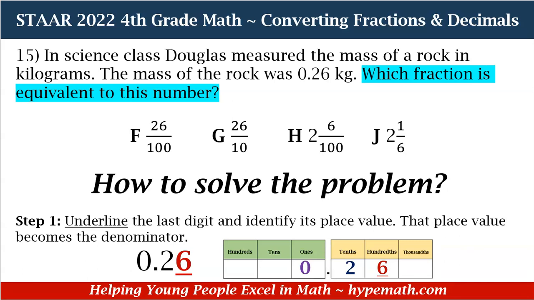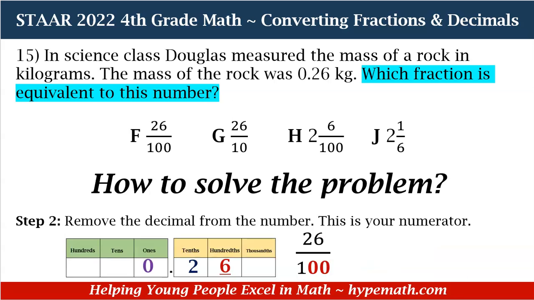So our decimal again is 0.26. We're going to underline the last digit, and that's our 6. Looking at our place value chart, the 6 is in the hundredths place, so that is going to be our denominator, 100. Now, step 2 is we're going to drop our decimal and write the number in our numerator.